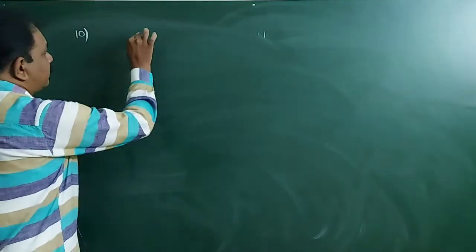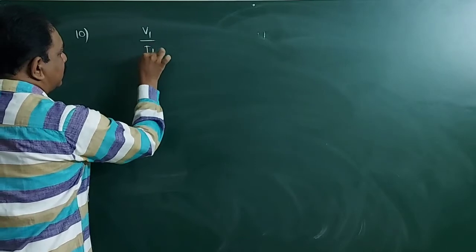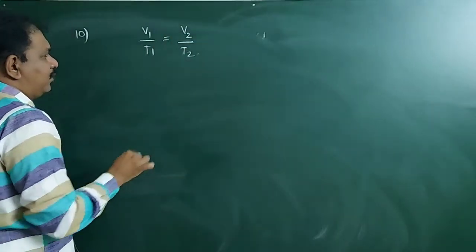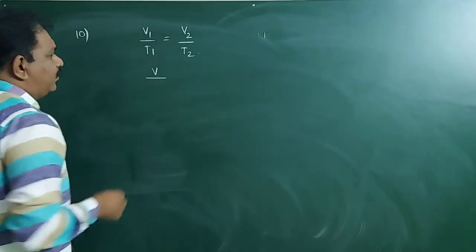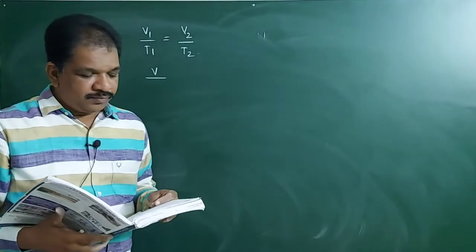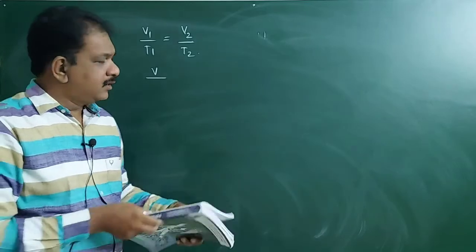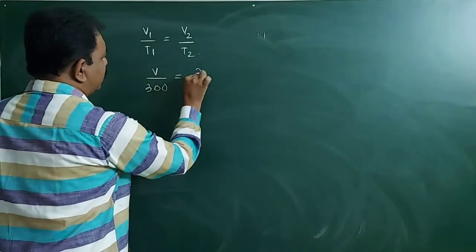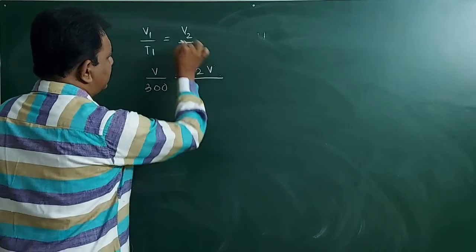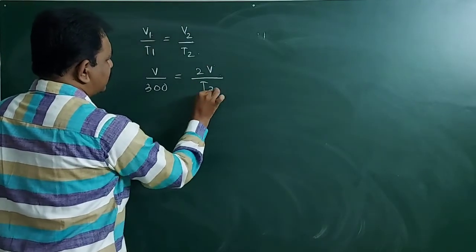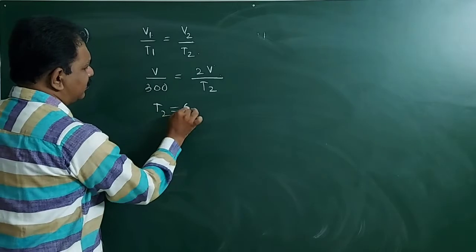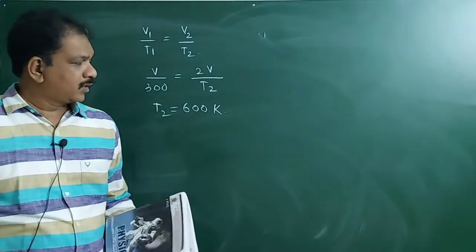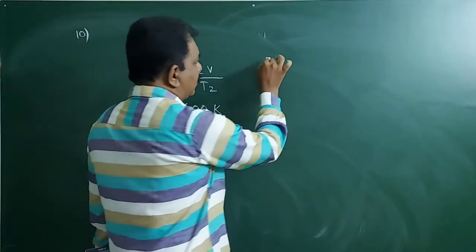So, first we will find the temperature. V1 by T1 is equal to V2 by T2. Initial temperature is 27 plus 273, that is 300. Volume doubles. So T2 is equal to 600 Kelvin.